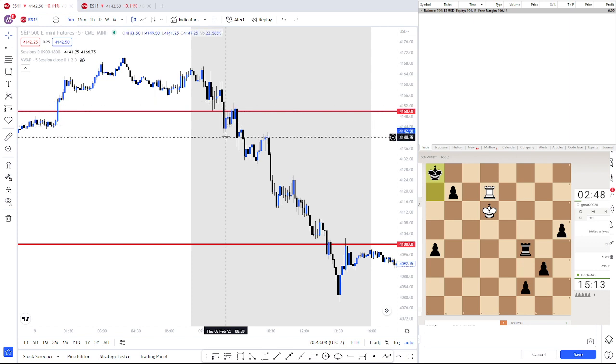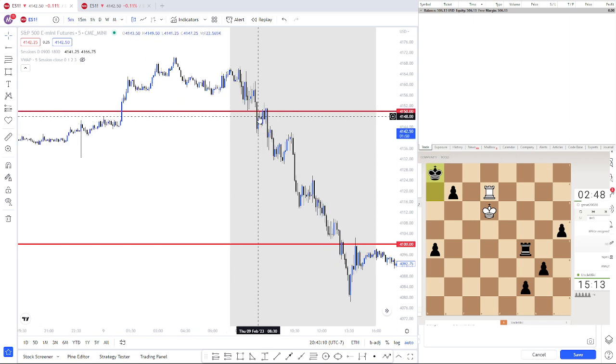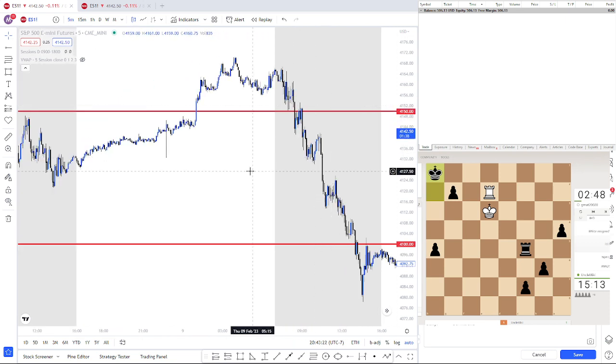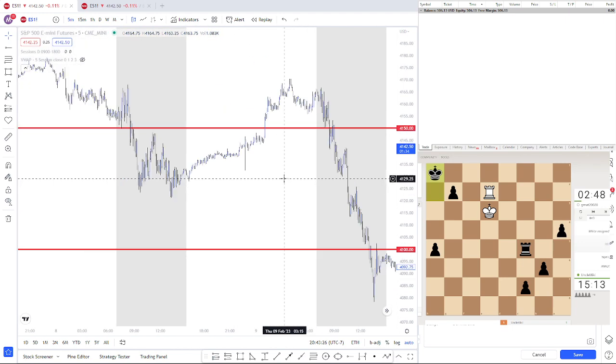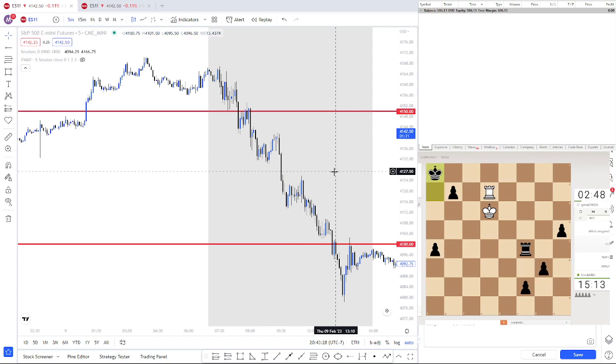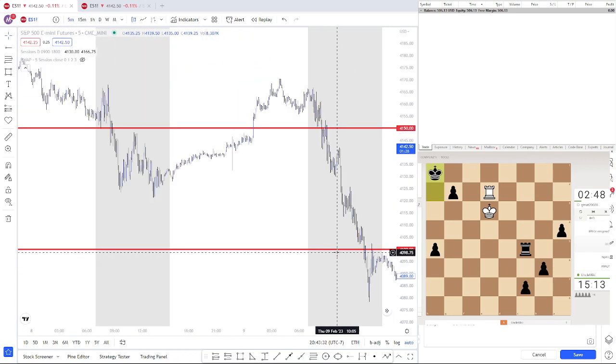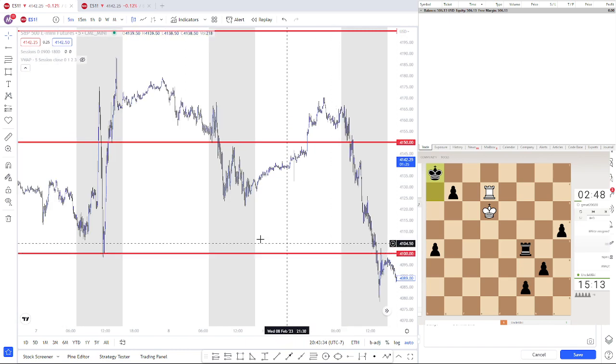And so after this break is where you could have gotten in short, risking up there. Then price pulls down more and forms this, getting in short again here, risking up there. And there was a red line here. Price didn't even respect it at all.